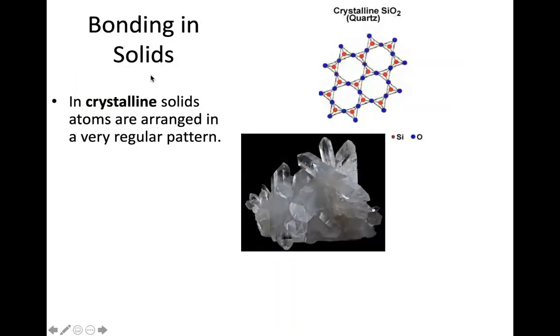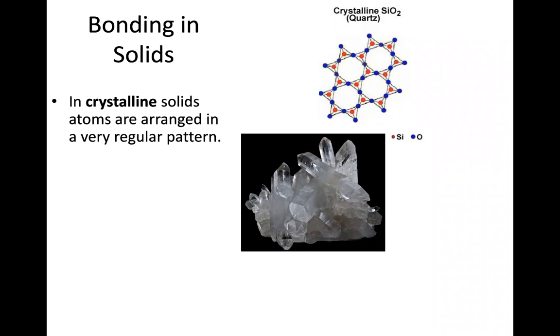Now, when I'm thinking about the bonding in solids, there's 2 main classes of solids that we need to be aware of. One of them is when we're looking at what are called crystalline solids. In a crystal, the atoms are arranged in a very regular repeating pattern.